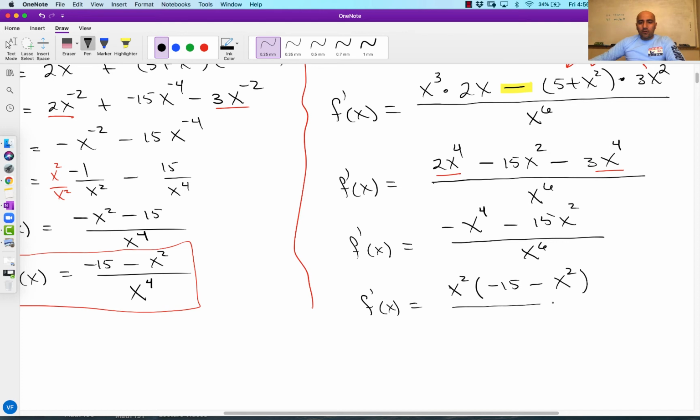And then the whole thing gets divided by x to the sixth power. And I just flip them around just to make it look like the other ones, just so that they all match. And now this will reduce with that to give me 4. And so my final answer will be that the first derivative is equal to this fraction, with minus 15 minus x squared all over x to the power of 4.